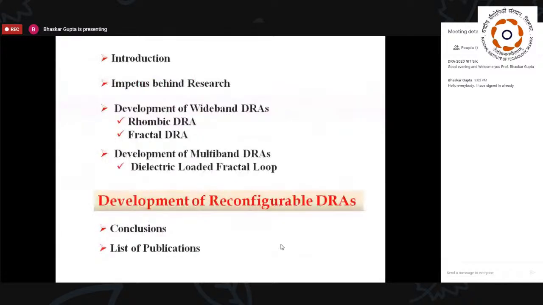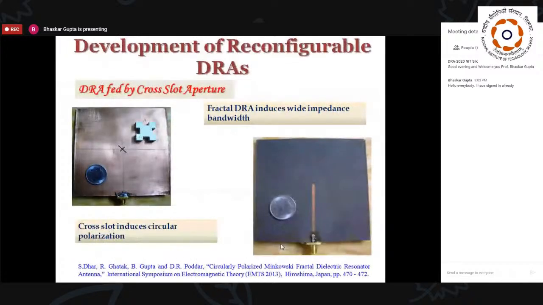So what do we have to show you then today? I think one part of our application research on DRA is still not reported by me today. That is reconfigurable DRA. For introducing reconfigurability, I show here a cross slot on a ground plane.